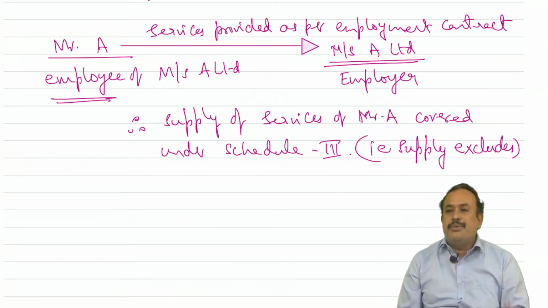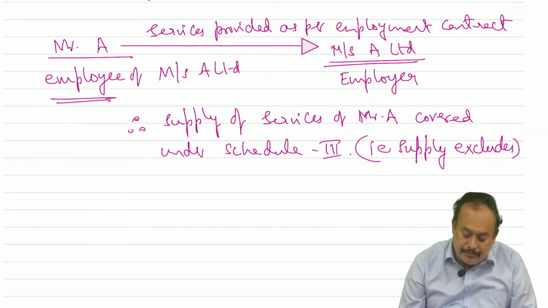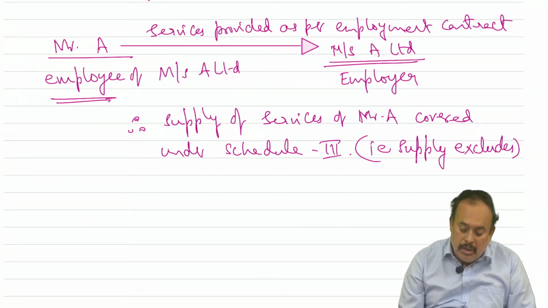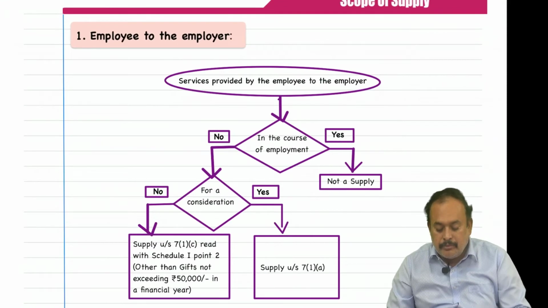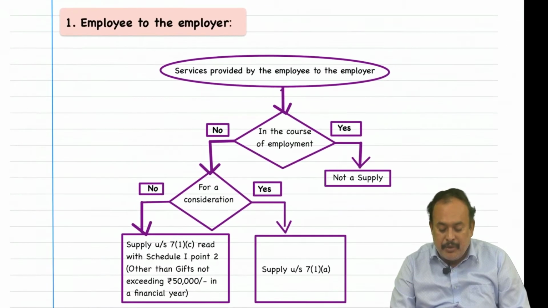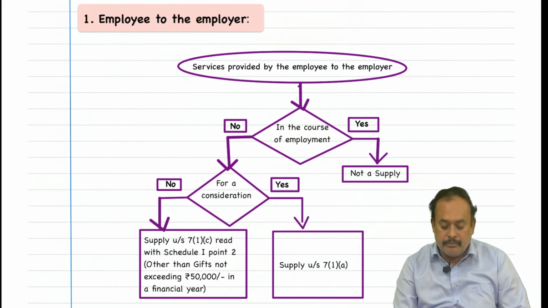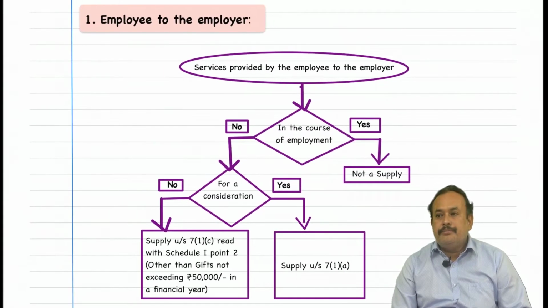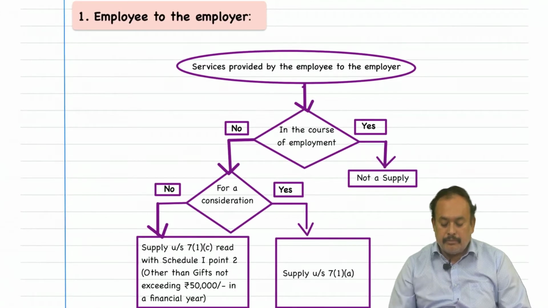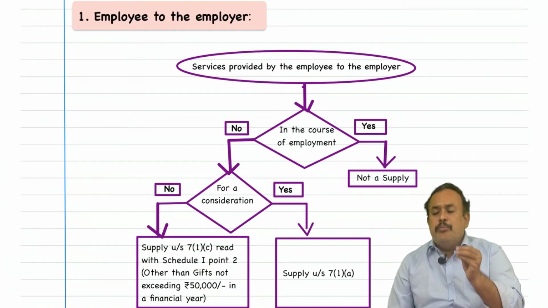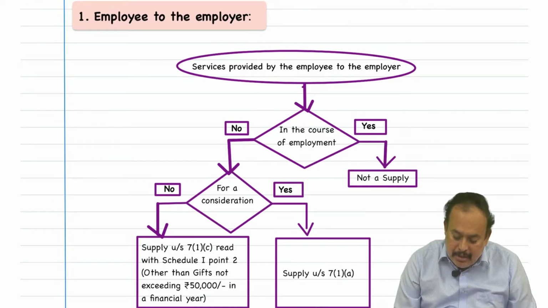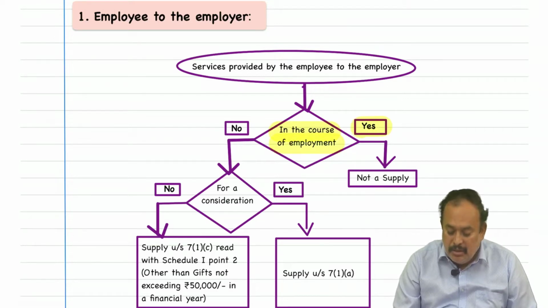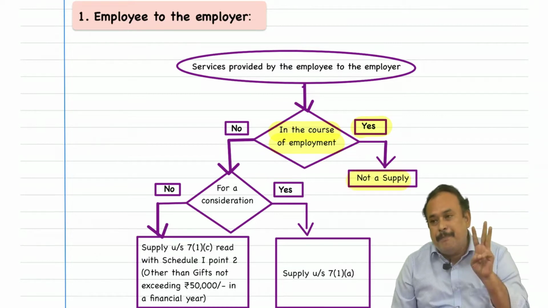Supply excludes. Further, my dear sir, I have too given here certain examples. Look here, this will give the clarity for your kind consideration. If the employee provides these services to the employer in the course of employment, yes sir, it is not a supply because it is covered under Schedule 3.